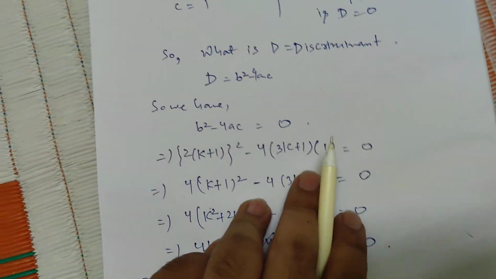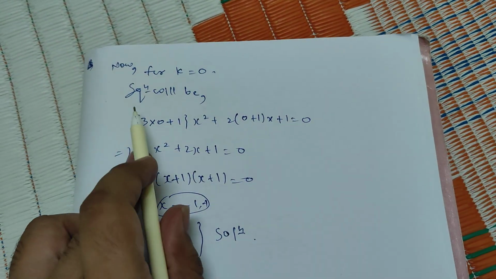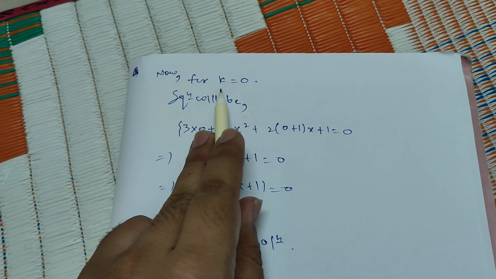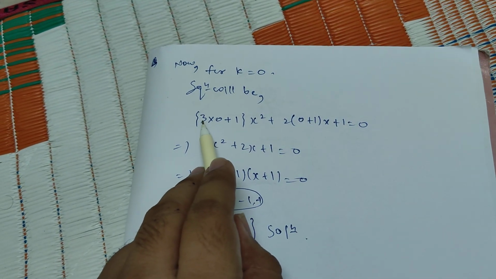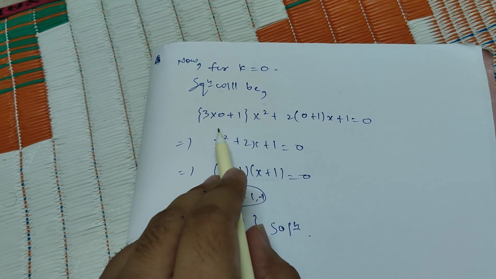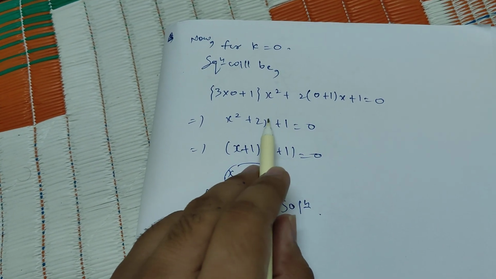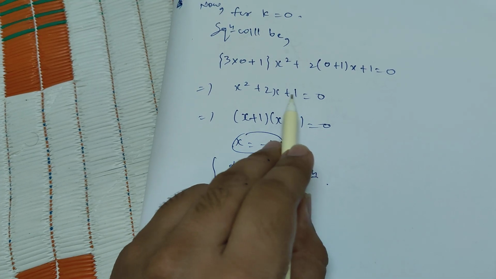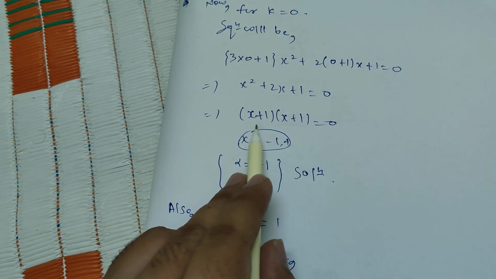Now we have to find the roots of the equation also. If we consider the first value of k, that is 0, then on putting the value of k in the given equation, we have x square plus 2x plus 1 is equal to 0, which is clearly visible as (a plus b) whole square.